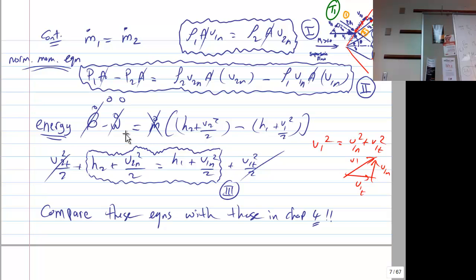He gets the free homework because he said use M1 normal. M1 normal is the one going through the normal shock wave. The equations almost look the same, except that it's not V1 doing this, it's V1 normal. So V1 normal is equivalent to V1 in chapter 4.